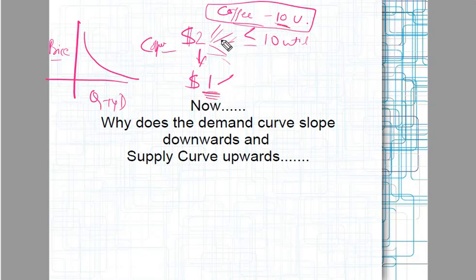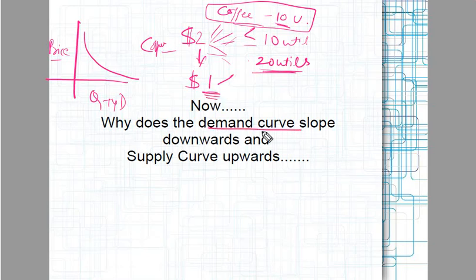So that means one of the possibilities is that with $2 you can actually get somewhere around 20 utils. I said somewhere around or approximately because it's a hypothetical example, and we have already talked about diminishing marginal utility. So if you consume more of it, you may derive a little less than what you derived previously. That's why.